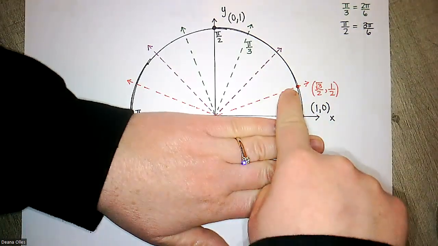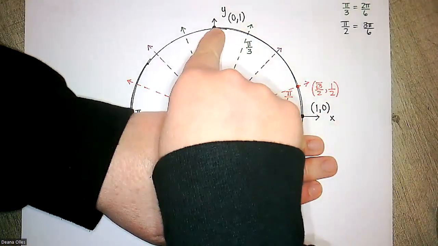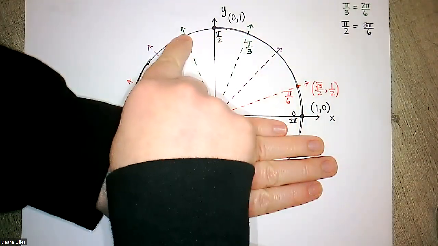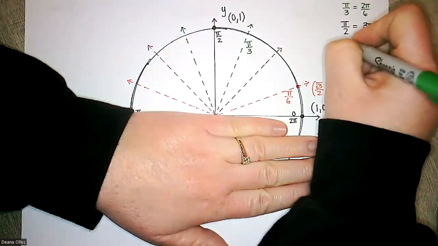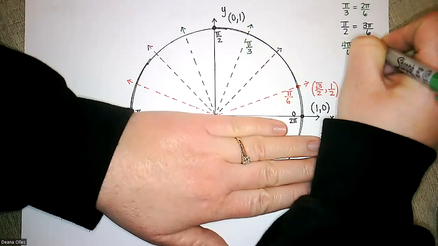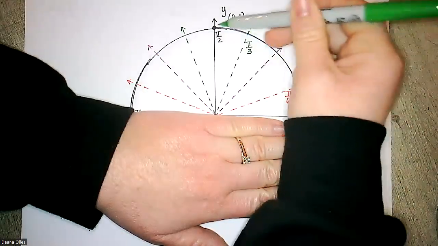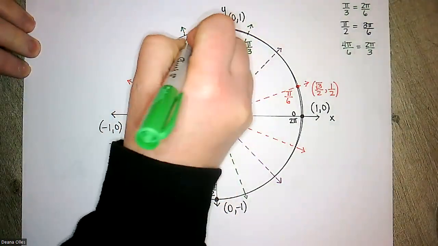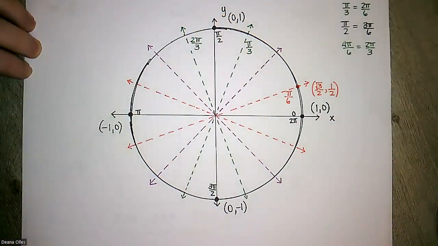So I have 1 pi over 6, 2 pi over 6, 3 pi over 6, and symmetric, 4 pi over 6, which will reduce to 2 pi over 3. I'm literally counting 1, 2, 3, 4 pi over 6s.